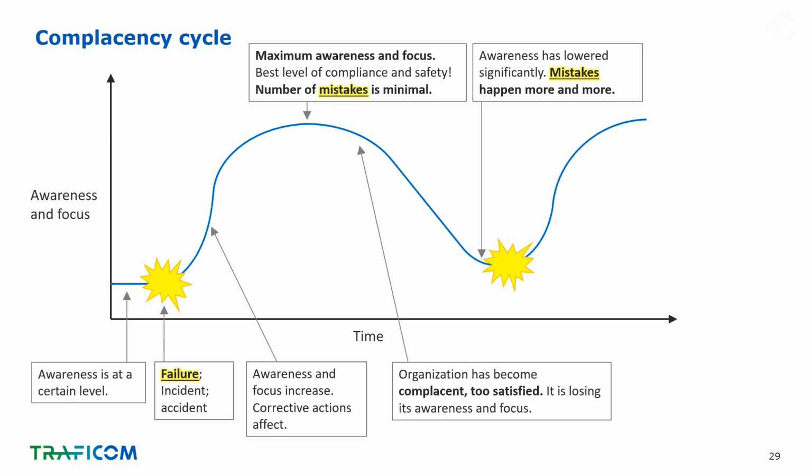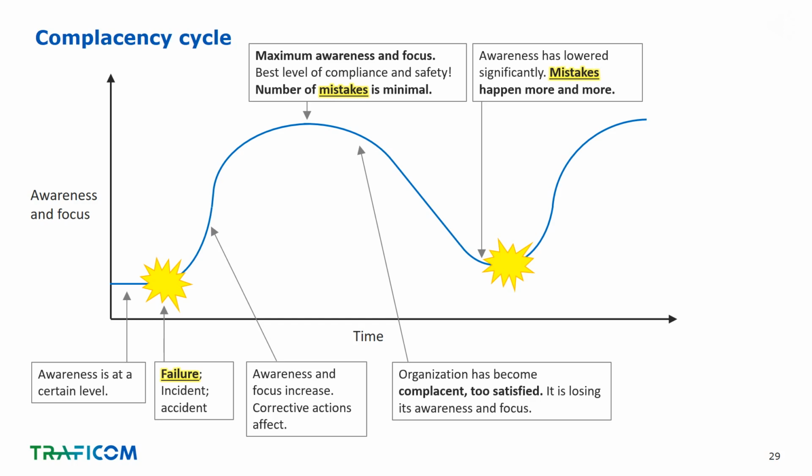We all have our personal challenges, internal and external pressures, changes in the organization and procedures, and so on. These affect our capabilities and resources to focus. And failures happen easily when we are not focused. Therefore, we need to understand this cycle and monitor how we are doing on each different process.